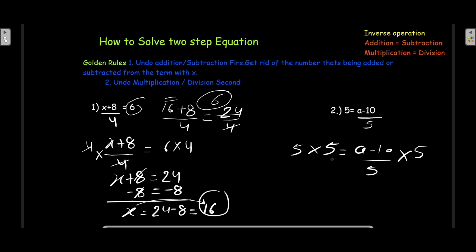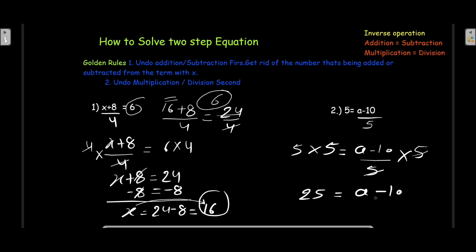So here 5 times 5 is 25, which is equal to, here is multiplication by 5 and here is division by 5, so 5 and 5 will cancel out. So a minus 10 remains here. We have to undo this 10 here.